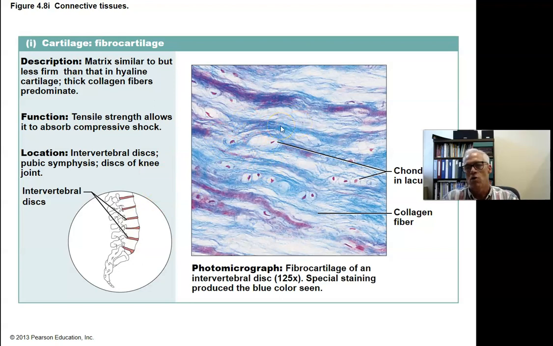It's a shock absorber for when we walk and run and jump. It allows us to twist and flex the spinal column, but there's other joints also in the spinal column that define the range of movement of the vertebra relative to one another. But what's actually forming the primary joint between the bones is fibrocartilage.